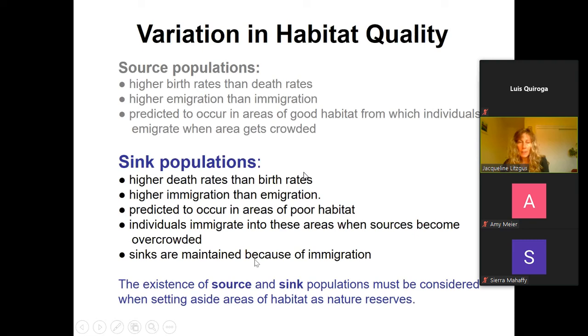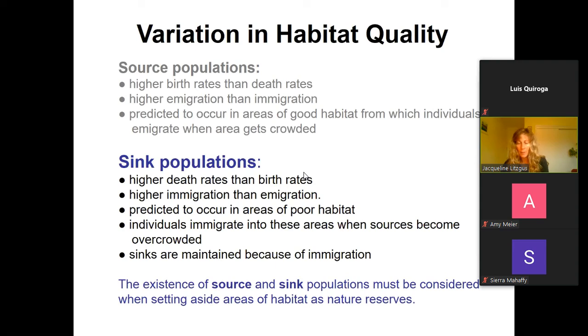But one thing that's important to think about is that the existence of these source and sink populations must be considered when you're setting aside nature reserves for species at risk. What if you set up a reserve and almost everything in there was a sink, that is, poor habitat quality patches? Then you're wasting your time and energy. It's crucial to set up nature reserves that maintain source populations where the birth rates are higher in good quality habitat.